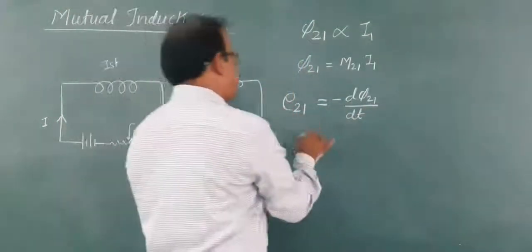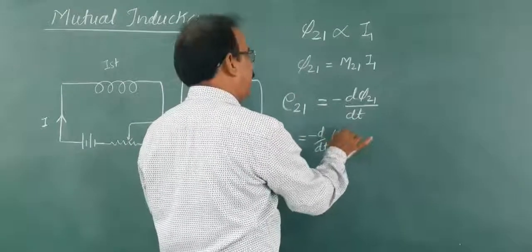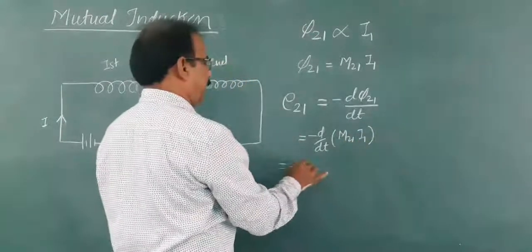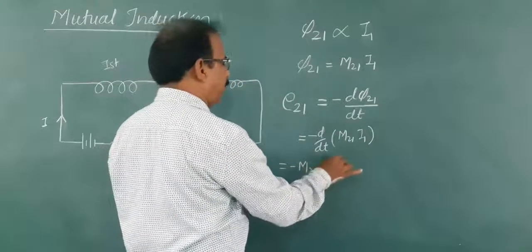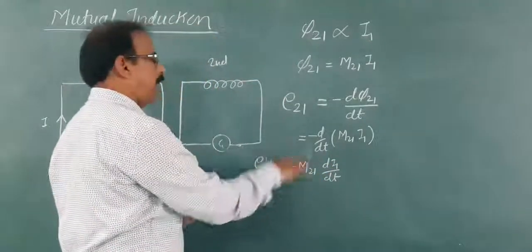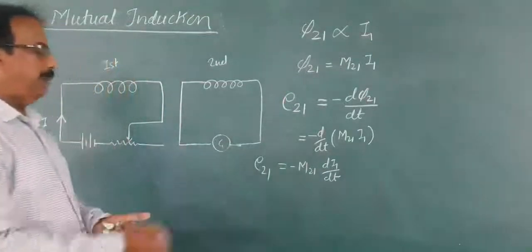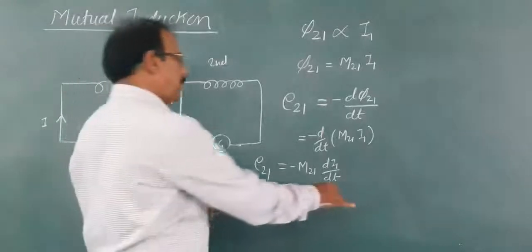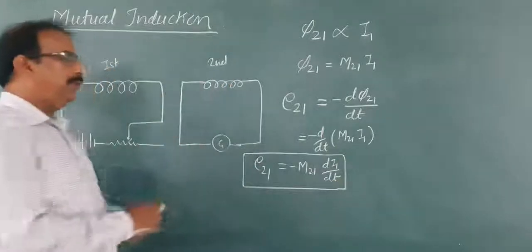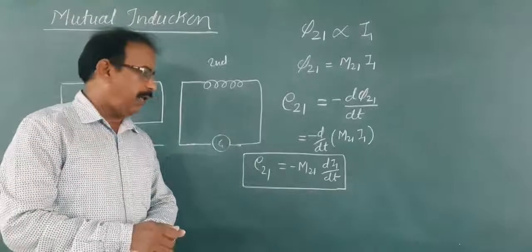Put this value of φ21 here. We get minus d/dt of M21 into I1. Taking M21 constant out of the derivative, we get E21 equals minus M21 into dI1 by dt. This is the EMF induced in the second coil due to the current in the first coil. It is equal to minus M21 into dI1 upon dt.